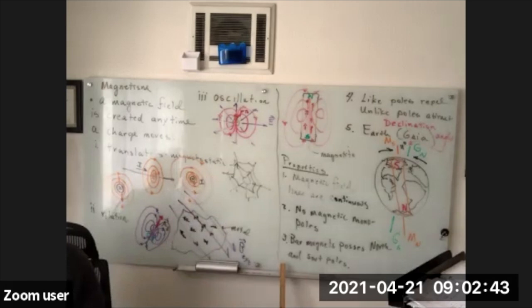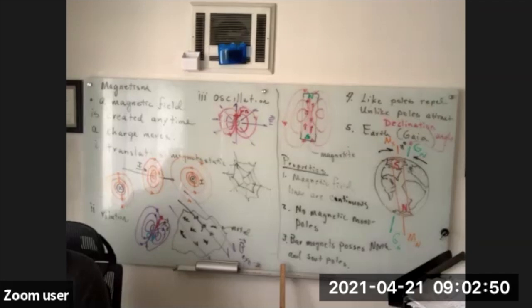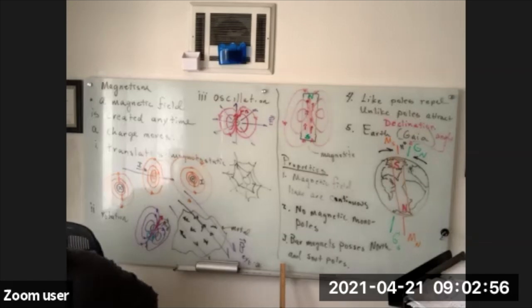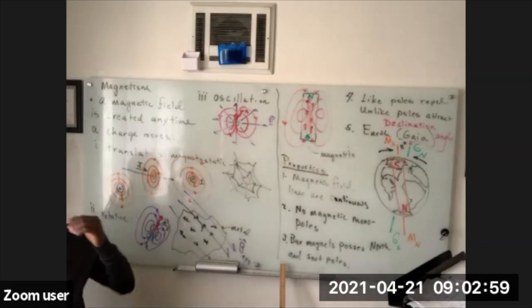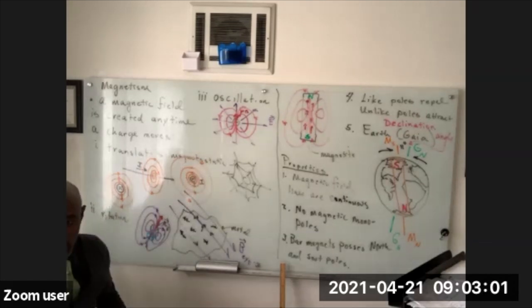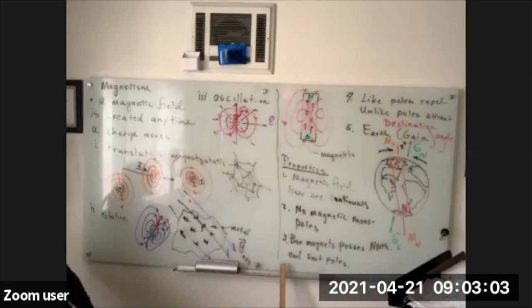And as I've drawn, we define the North Pole. First of all, the lines are continuous, okay? If you have continuous lines, that implies they're coming from a source, like the picture of the bar magnet here, then you've got to have some way of distinguishing that the direction of the magnetic field line relative to the bar magnet is different at one side versus the other. So that's one thing, right?